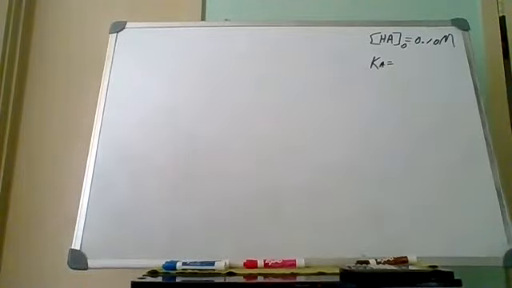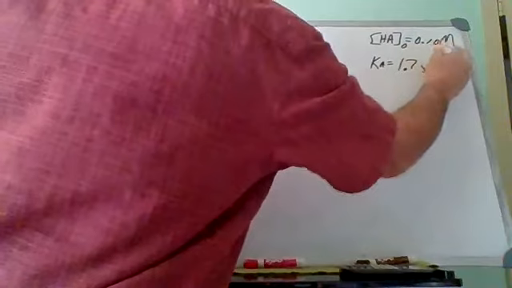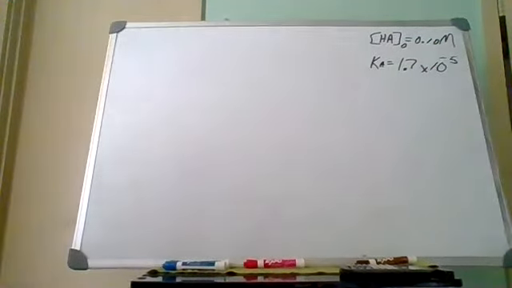So this is acetic acid, so it's 1.7 times 10 to the negative 5. Okay, and we are asked to find hydronium ion concentration and acetate. So we're asked to find 4 things: the concentrations of the 2 products, the pH, and the degree of ionization.